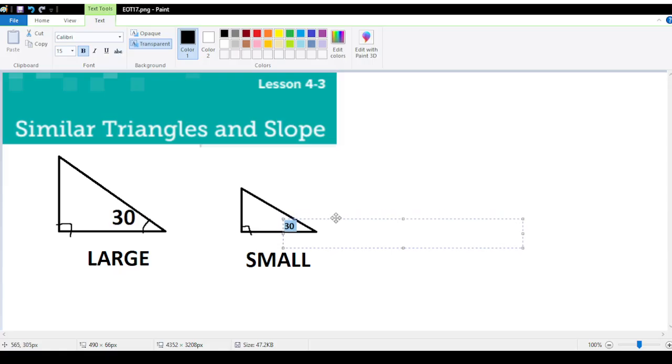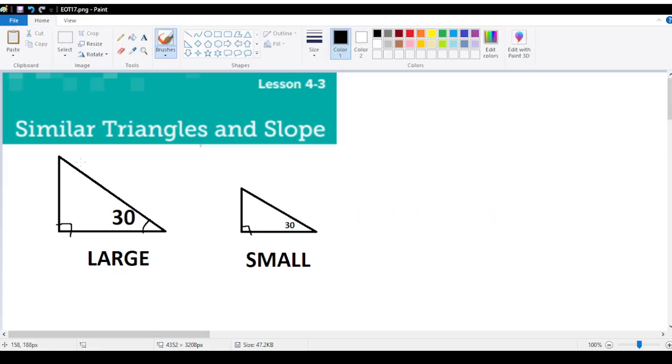Do you know how to get the last angle? How much is the last one here? Now we have a theorem that says any triangle in the world has a total of 180 degrees of angles.